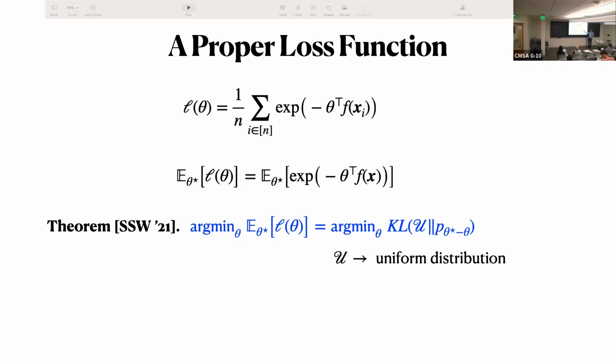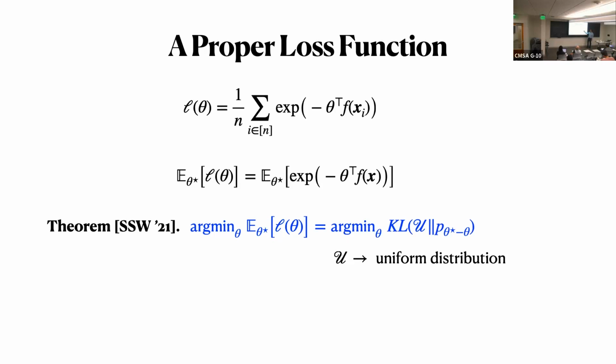minimizing the KL divergence between a uniform distribution and a distribution from the same parametric family, but with a little twist. That is, previously we had this as a parametric family. Now it's theta star minus theta that we are using to parameterize the same parametric family.